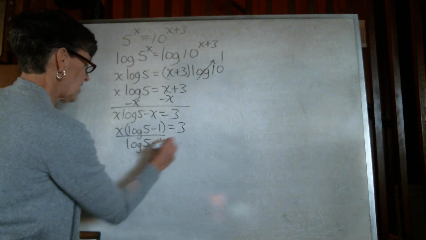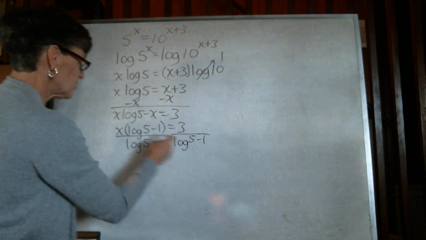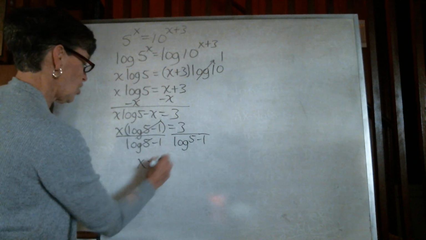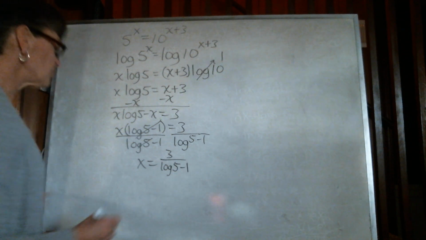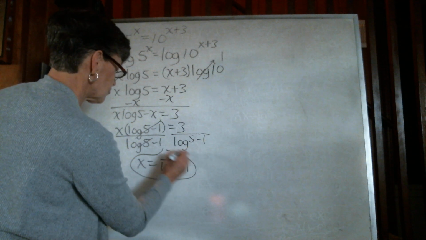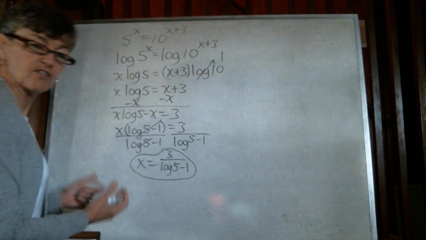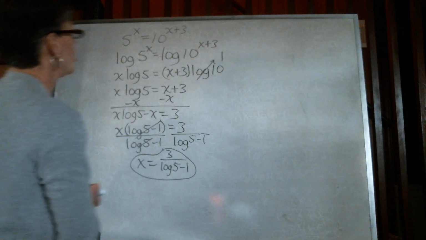And so my answer then is 3 over log 5 minus 1. And remember that in exponential equations, you don't have to worry about the domain. So this is my answer. This is an exact answer. If you want a rounded decimal answer, you can put that in your calculator and use your plain log key.